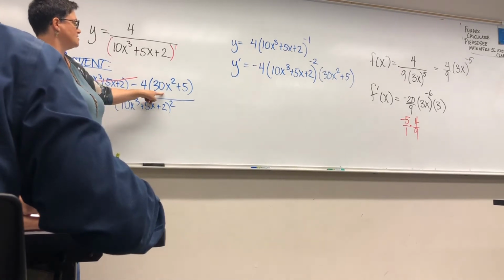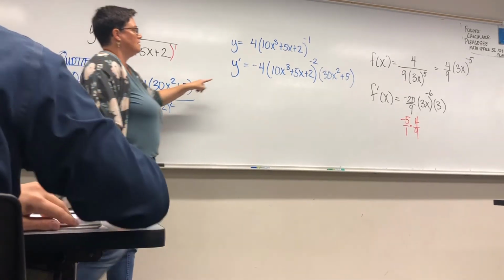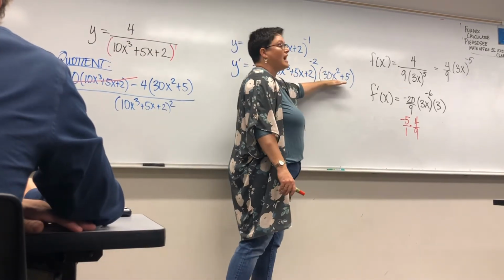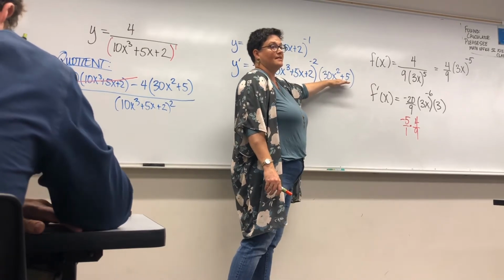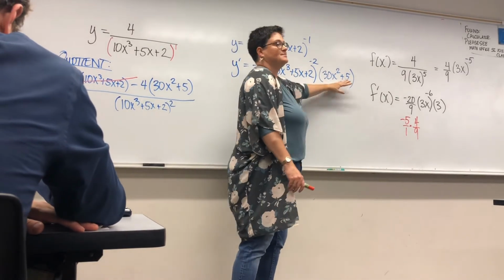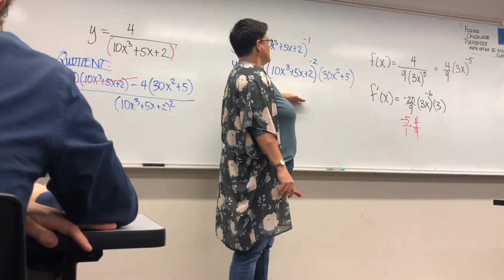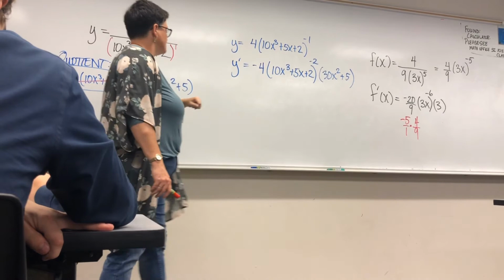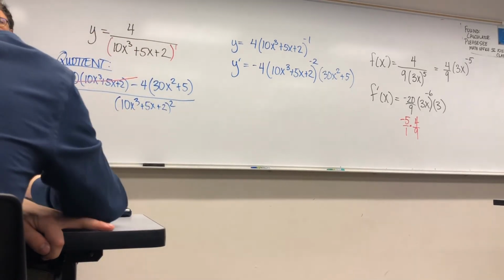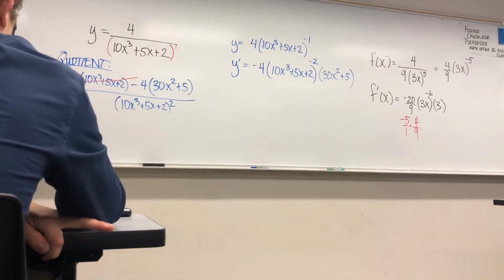This is a negative 4 times the 30x squared plus 5. This is a thing times a thing times a thing. That's just like saying this times this. And then if I drop this downtown, I have that to the second power. It's the same answer in different form.